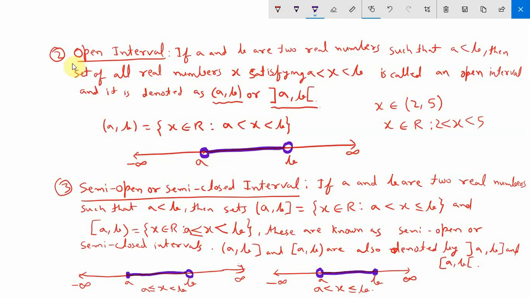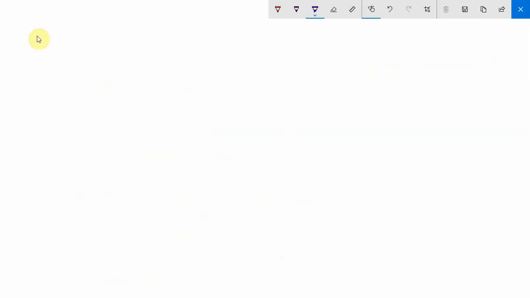Okay, so let me clean this. Next we will see universal set. So what is a universal set?